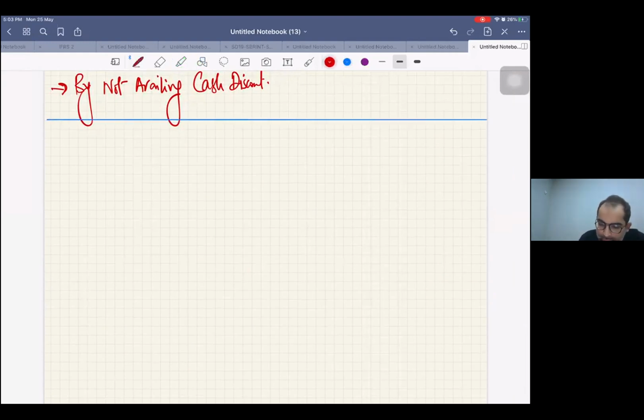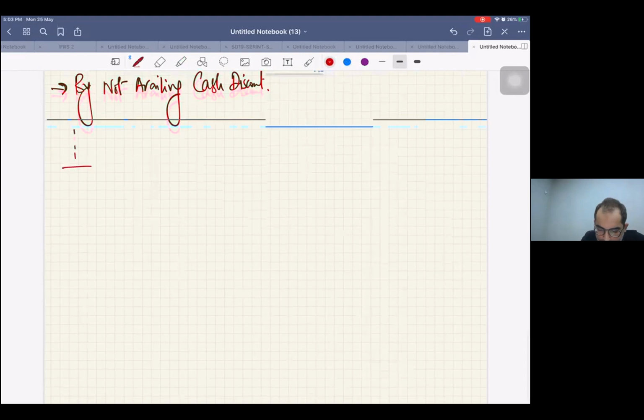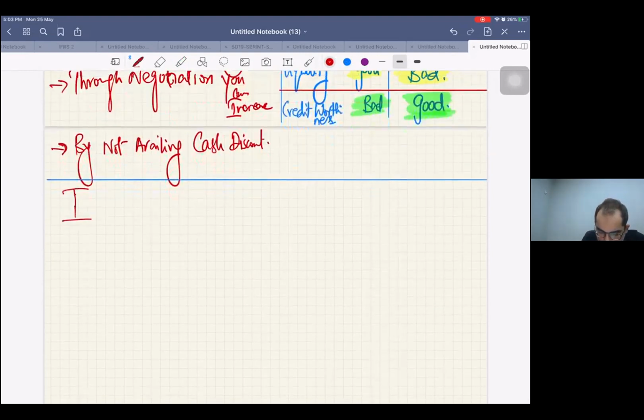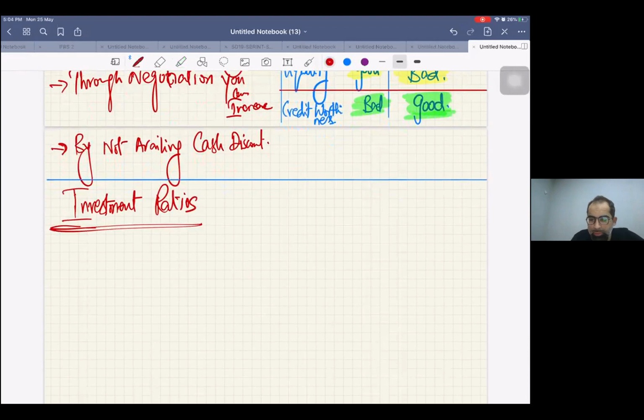Now we are moving towards investment ratios. The first is EPS, earning per share, already done in IAS 33. Number two, price earning ratio.